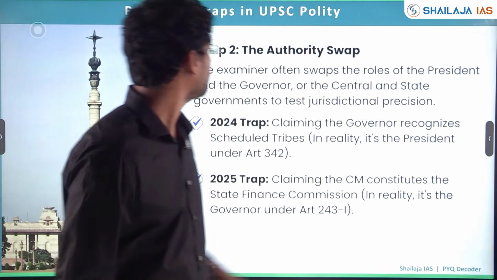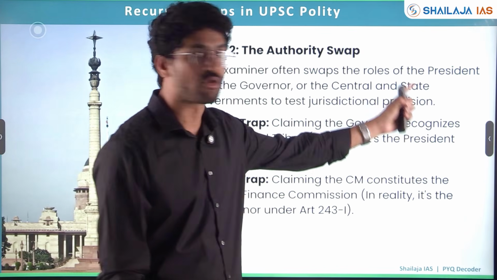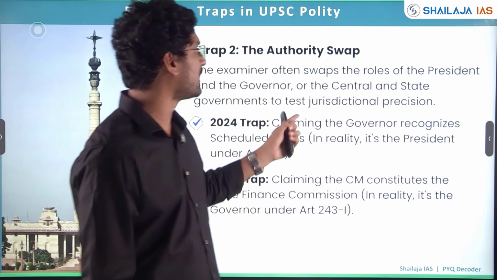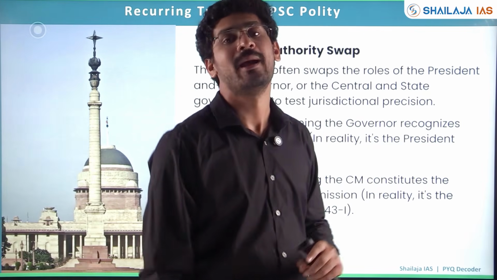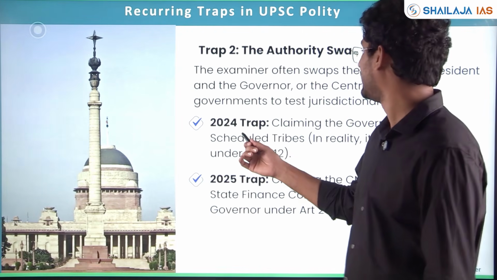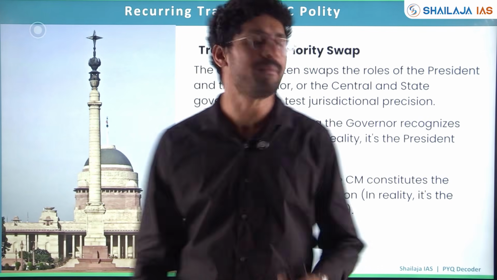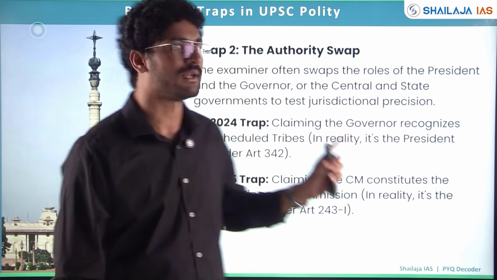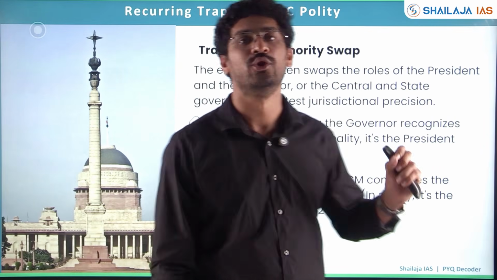Next, the authority swap. The examiner often swaps the role of the president with the governor, or the center and state governments, to test jurisdiction precision. For example, in 2024, 'governor recognizes the scheduled tribe' was the trap, but we know under Article 342, the president recognizes the scheduled tribe.